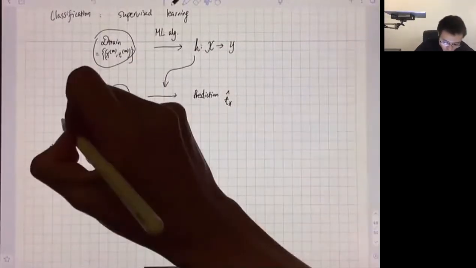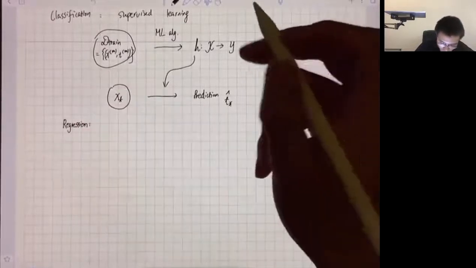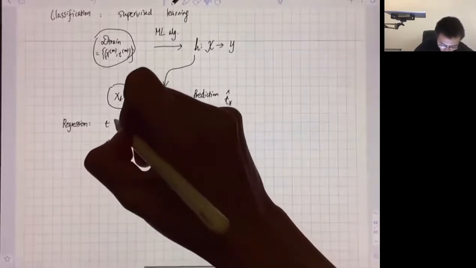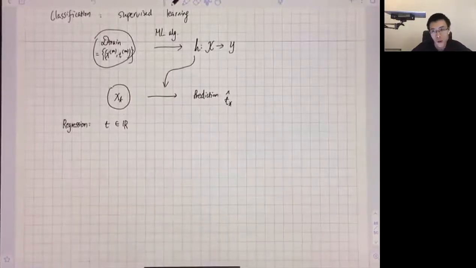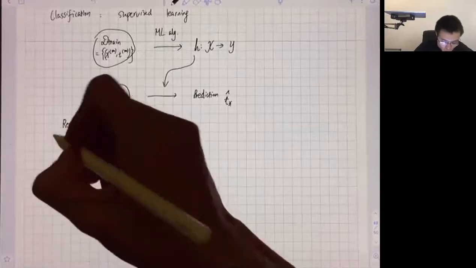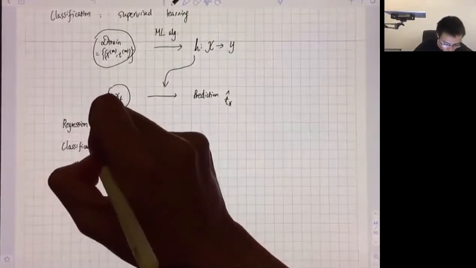So in regression problems, my target is a real number. Maybe you have multiple values to predict, but you can consider them one at a time. So for each of your prediction targets, it's a real number. But for classification problems, the target is a categorical variable.